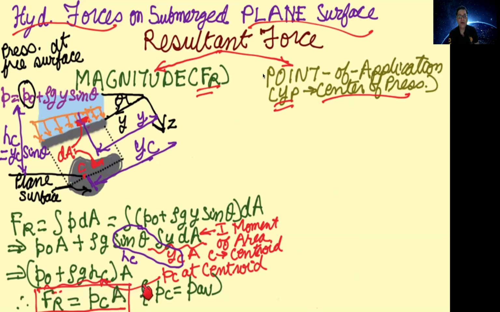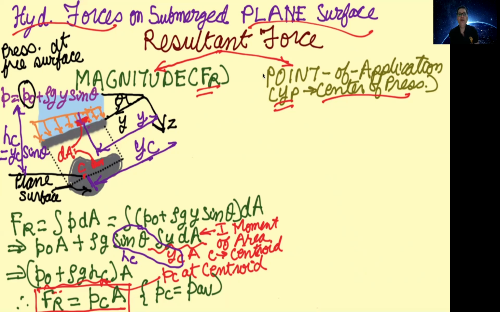So you need to bother only about the pressure at one point rather than getting involved with the pressure distribution. So this is about the resultant hydrostatic force on an inclined plane surface.